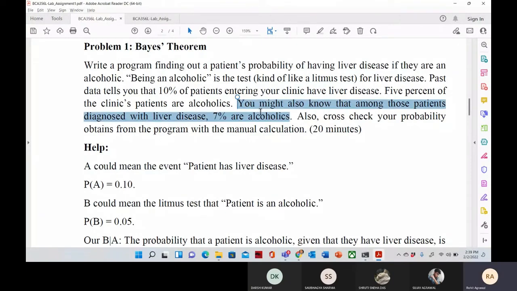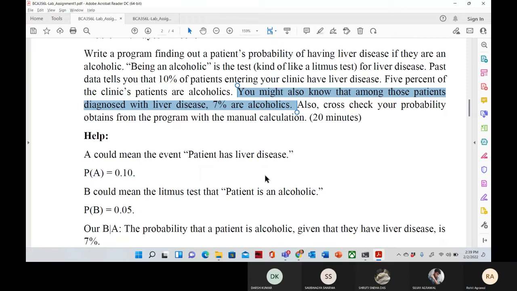You might also know that among these patients diagnosed with liver disease, 7% are alcoholic. So what is given here? 7% alcoholic, and it is diagnosed with liver disease.